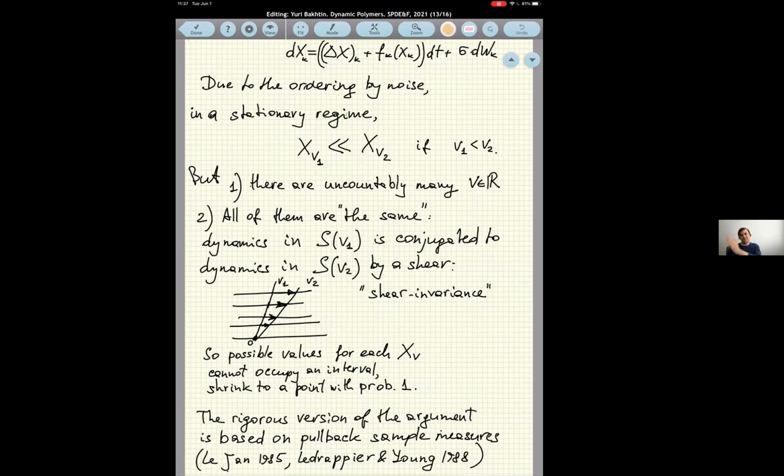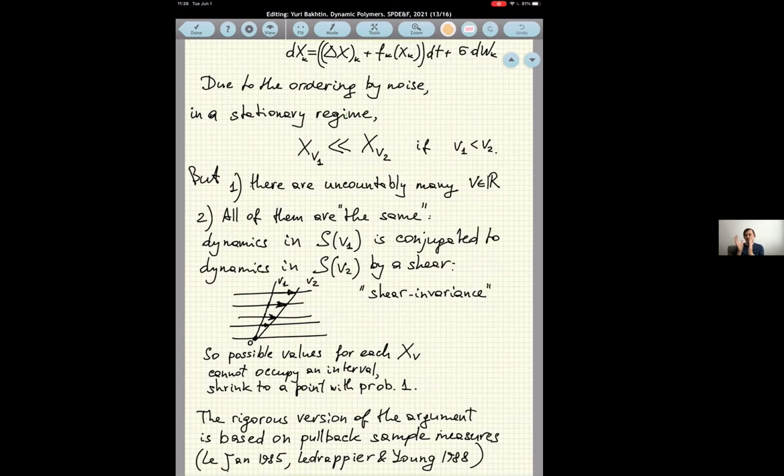So they get ordered, they are sorted by the dynamics. So there's this automatic sorting procedure embedded in this system. And since in principle there are uncountably many values of the velocity or slope, the asymptotic slope, and all of them are sort of the same. They are shear images of each other.